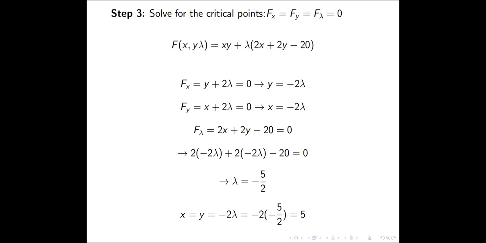You can have a 3-dimensional problem, like the volume of a box, with x, y, z, and then you introduce the multiplier lambda. So you will have the Lagrange function capital F in terms of x, y, z, lambda, and differentiate it with respect to 4 variables. You can always extend it to any number of variables.